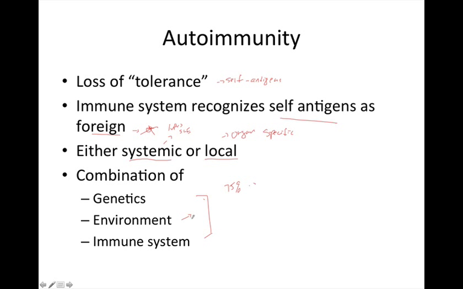Don't get me wrong, smoking in heavy amounts is not good for you, but it's more of a correlation than anything else. To my knowledge, they haven't identified a specific mechanism with smoking, and it's just a correlation and a way to scare people to not smoke. And then obviously abnormalities within the immune system as well, which a lot of that's going to relate back to genetics.